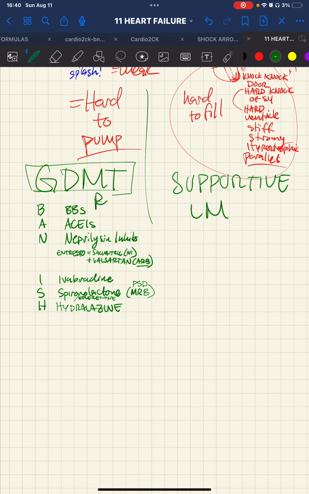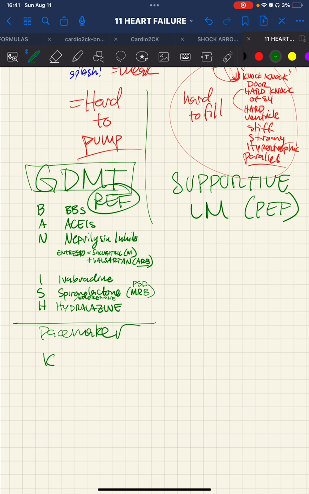And that's it. And then you could also step it up to a pacemaker or implantable cardioverter defibrillator.